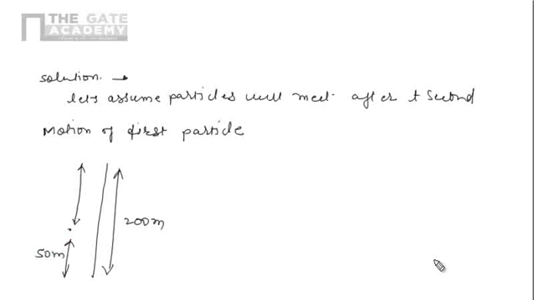So the distance traveled by the first particle for meeting with the second particle at a height of 50 meter will be 200 minus 50, 150 meter. So the first particle will go for downward motion of 150 meter. Here we are assuming the direction as per our sign convention: positive y is positive, negative y is negative. It means downward is negative, upward is positive.